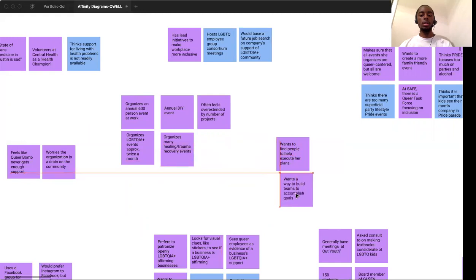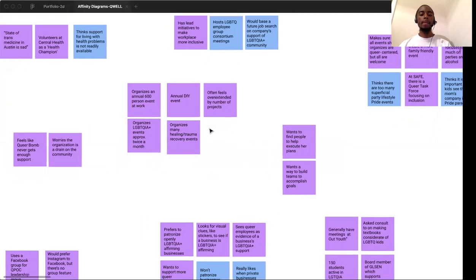I think this is related. Teams and people execute events, but even though they're both related to events, I think it's good to separate them. This is a different problem. They need people, volunteers or whatever else, while this is saying they need organization efforts or something like that. Administration, maybe.